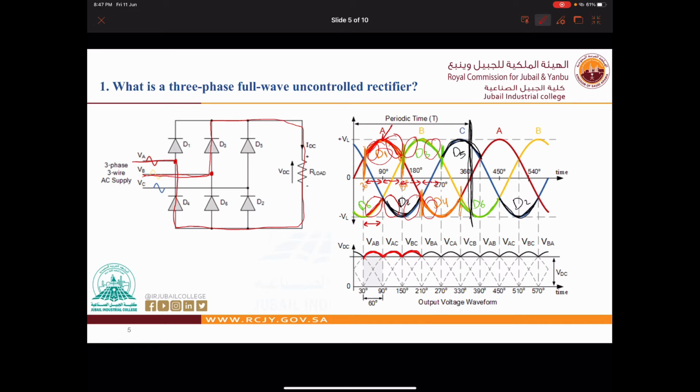VB is the positive, so VB is here, and it will come back to VA, so VA is here. This is the phase voltage. Now our line voltage is VBA. Okay, excellent. Now let's go to the second one.